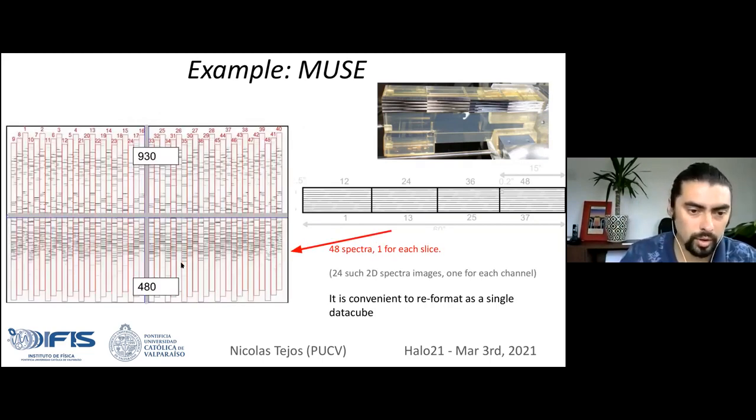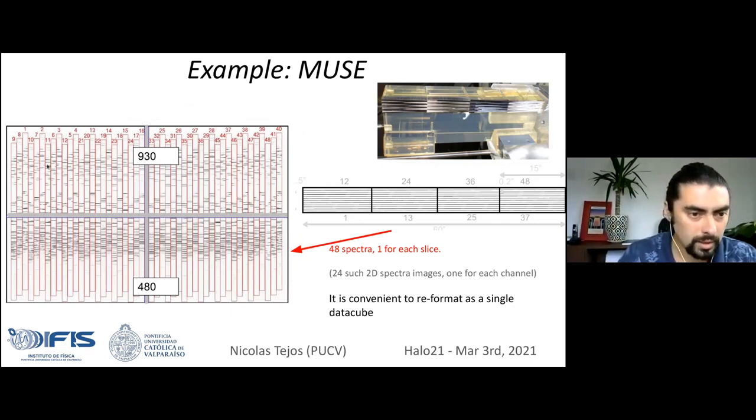This is how one of those single images in the CCD looks, with 24 2D spectra, and you have a spectrum, of course, in the vertical direction, and in the horizontal direction, depending on the slit, you will have different positions in the sky, depending on how the slice is located within the channel.